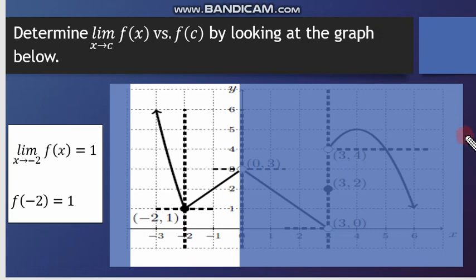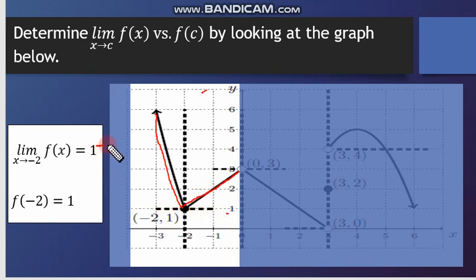Okay, let's start with number 1. Limit of f of x as x approaches negative 2. We know this because this is the same graph as we have shown earlier. From here, we can determine that the limit from the left side is 1 and the limit from the right side as x approaches negative 2 is also 1.